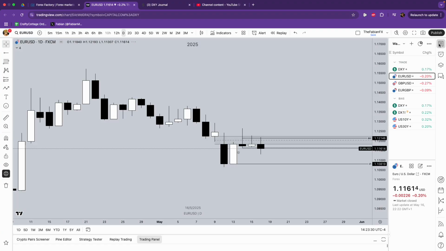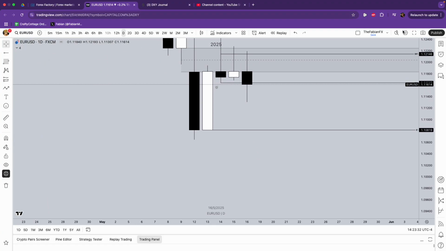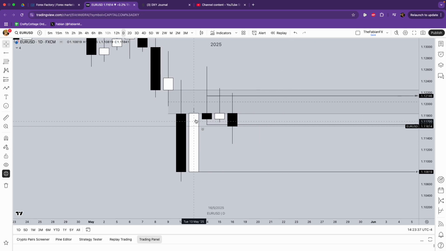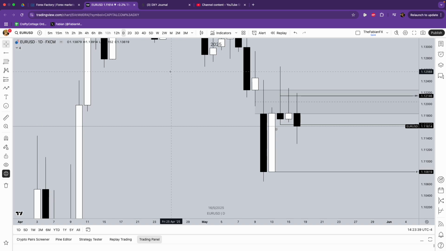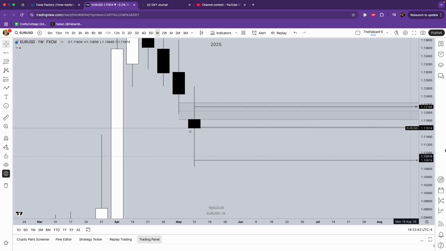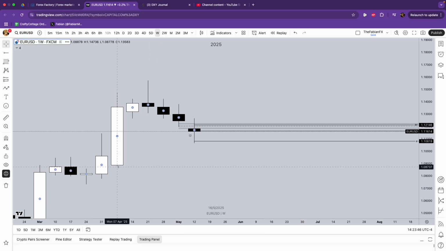On the euro, same thing. As you can see, we have this daily range, even to go lower here, and then to take the previous weekly low, and then finally this low.